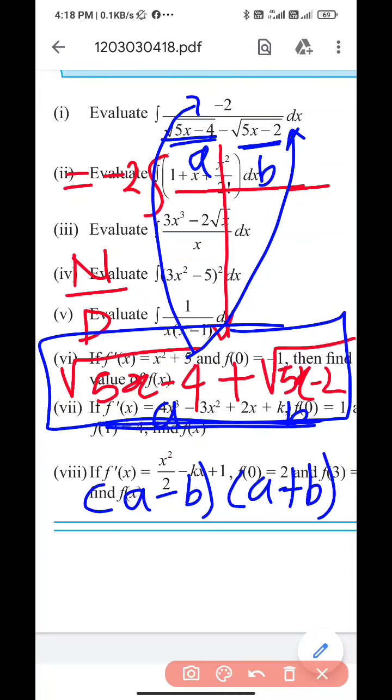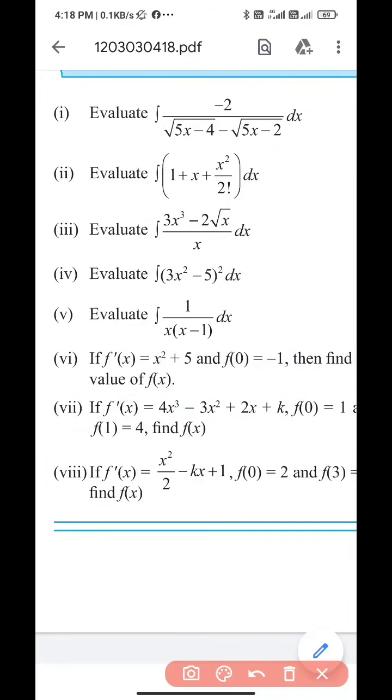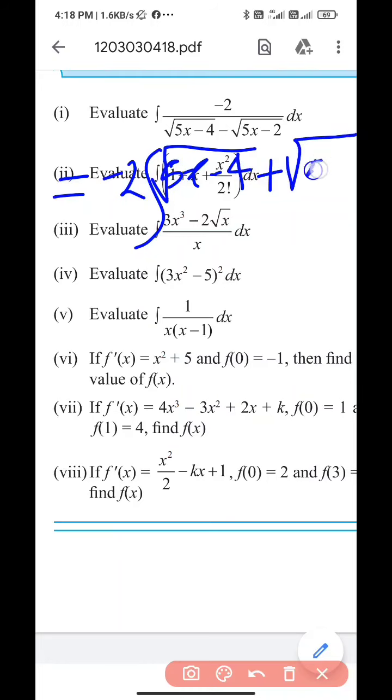So after taking -2 common, it will be square root of 5x minus 4 plus square root of 5x minus 2, divided by a square.